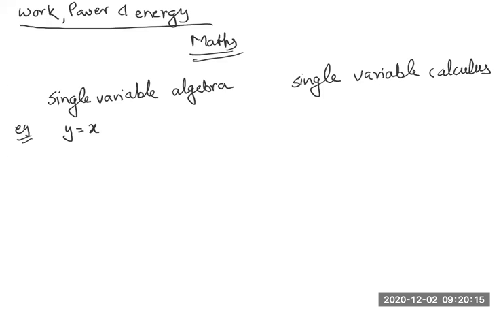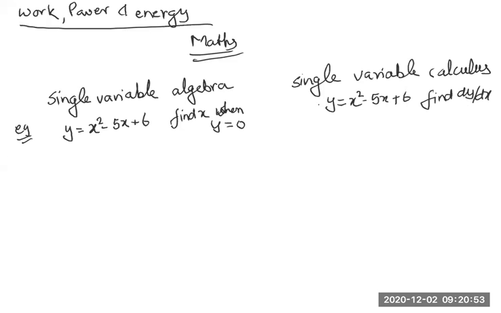Y is equal to x square minus 5x plus 6. Right? Find x when y is equal to 0. This is an example. Single variable algebra. Right? This is what you have learned since class 6. Single variable calculus. Y is equal to x square minus 5x plus 6. Find dy by dx. This is what we have learned at the beginning of class 11.